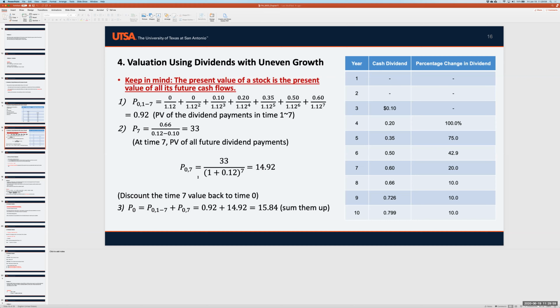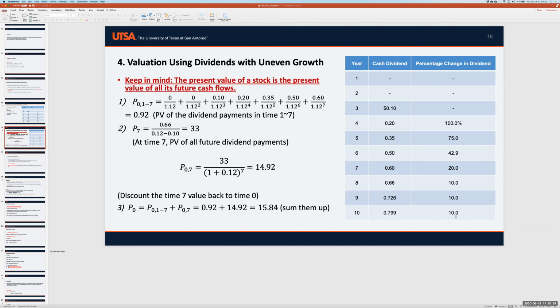but for time 7, this is only the price taking care of time 1 to time 7, and we need to take care of an infinite number of payments. So we assume this company pays dividends at a constant rate after the 7th year, as you see, 10, 10, 10.